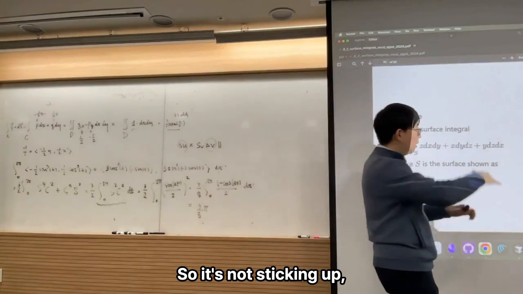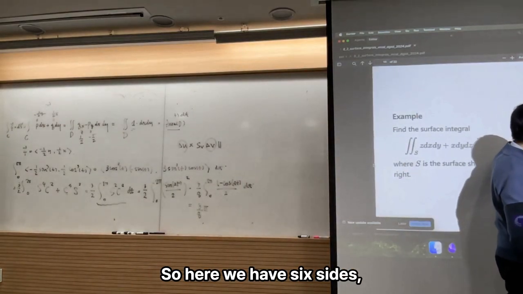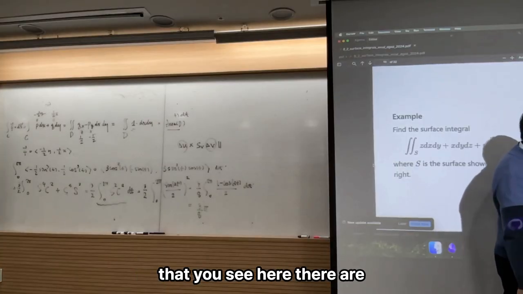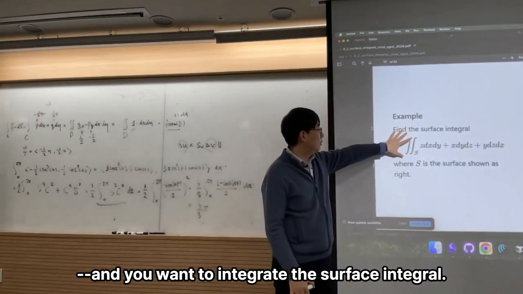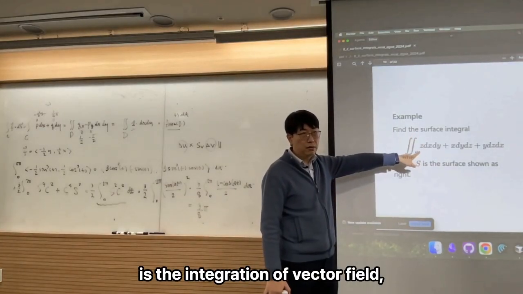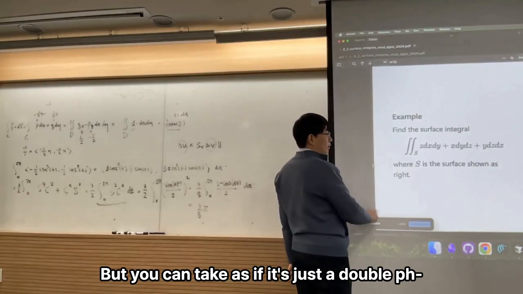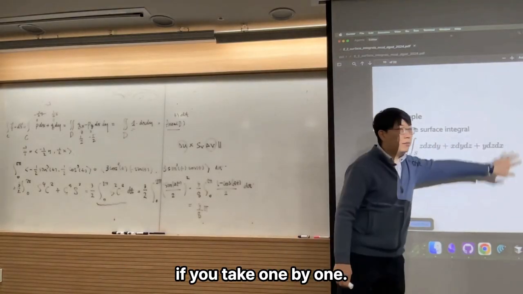So it's not sticking up, it's actually scooped out here. Here we have 6 sides, not on the back, only on the part that you see here. There are 6 side surfaces, and you want to compute the surface integral. This surface integral is an integration of a vector field, not a real-valued function, but you can treat it as a double integration if you take it one by one.